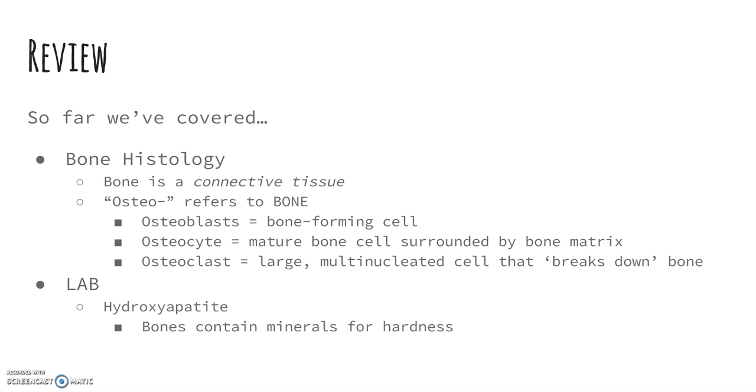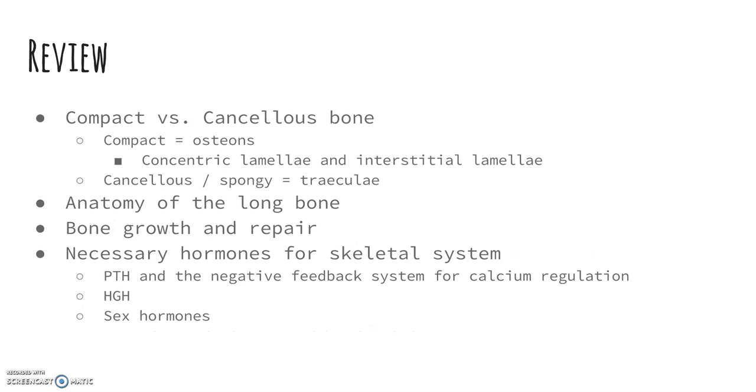You learned a little bit about a term called hydroxyapatite, and you learned that these minerals, calcium and phosphorus, are important for keeping bones hard. If you're missing calcium or phosphorus, then your bones are going to be more brittle or even more rubbery, as you found. So we'll get your labs graded.